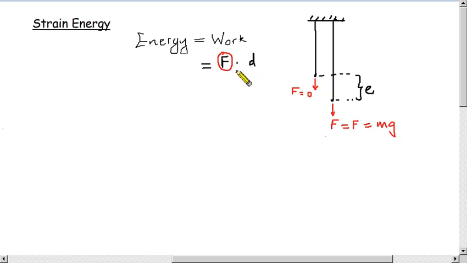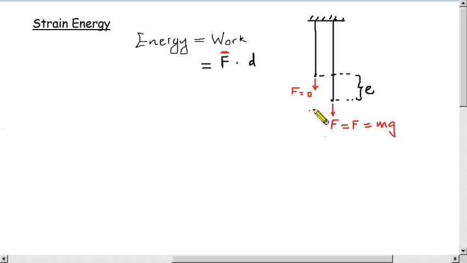But along this distance e, F is not constant, because initially it was 0 and the final value is F. So it increased little by little in this small time period from 0 to the final value F. Therefore we have to use a mean value for F instead of a constant value.